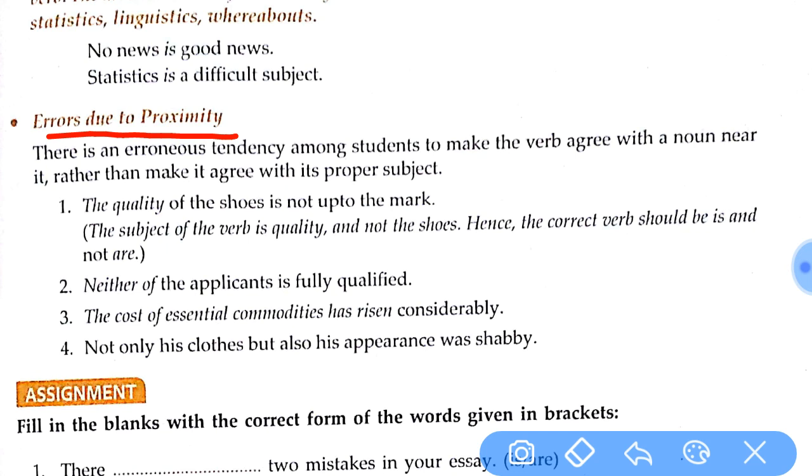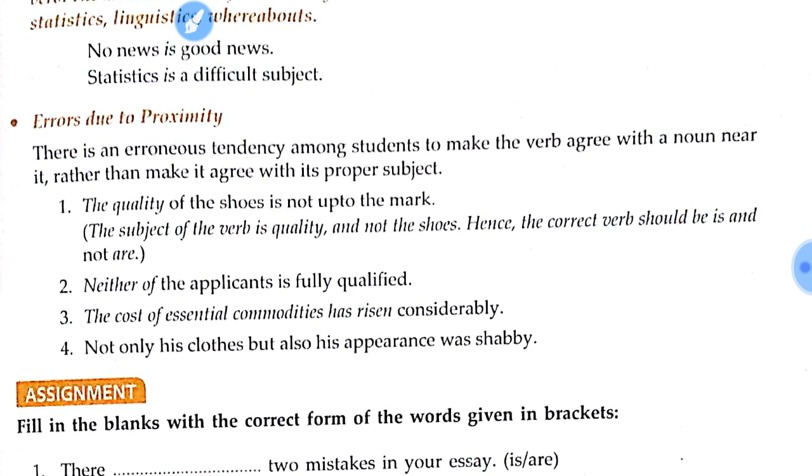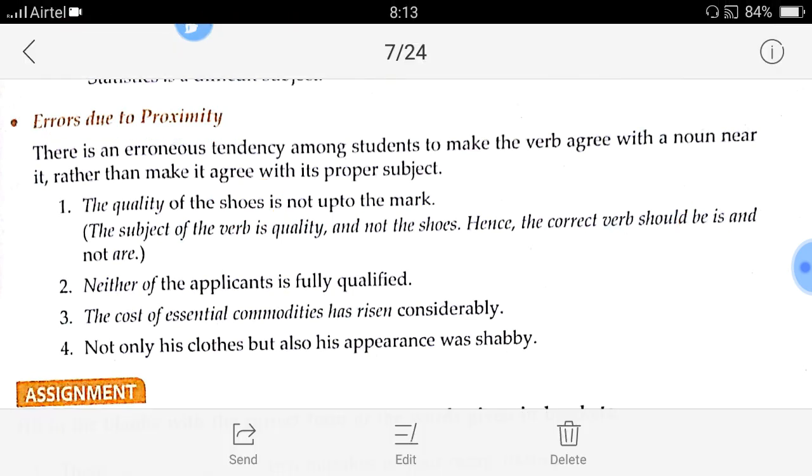The subject of the verb is quality and not the shoes. Hence the correct verb should be is and not are. We look at the shoes and then write the verb, but the exact verb to be used is is.